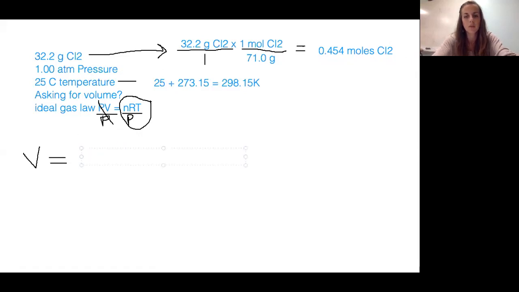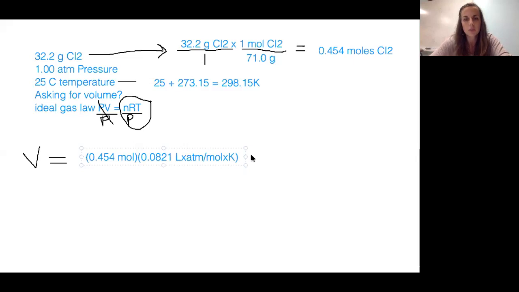Okay, so I'm going to put it in parentheses, 0.454 moles. Next is going to be the R constant, which is always the same, 0.0821. Now remember our unit, you have to know this: liter times atmosphere divided by moles times Kelvin. Okay, that's my R constant.